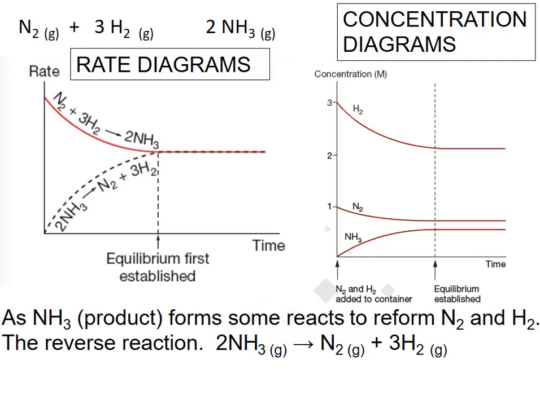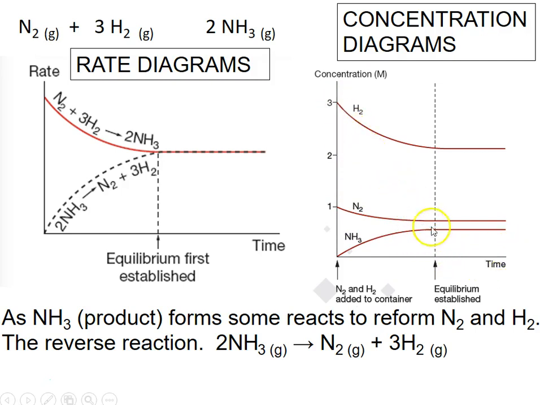Alright, so now as the reaction's proceeding, you're forming product. So you're making ammonia. If this was just a forward reaction, an irreversible reaction, then your hydrogen and nitrogen should react together until there was no reactants left.